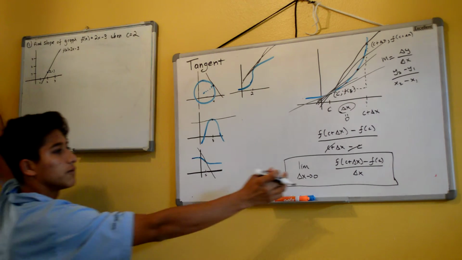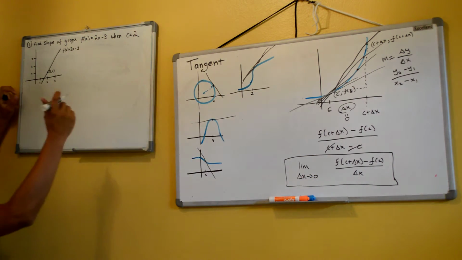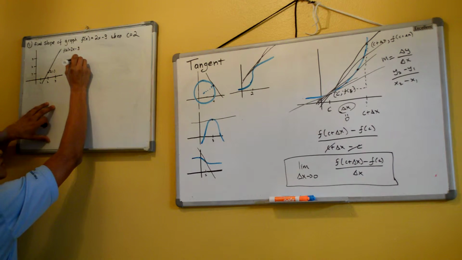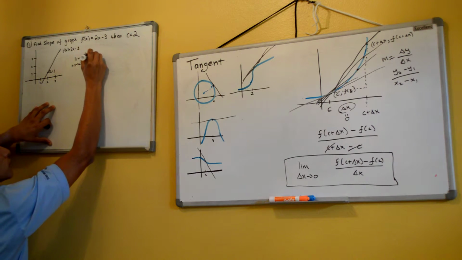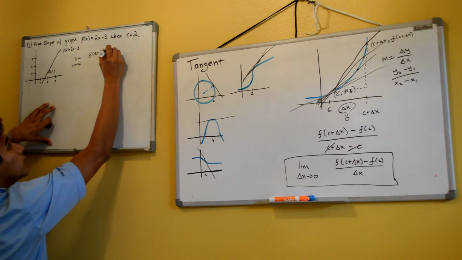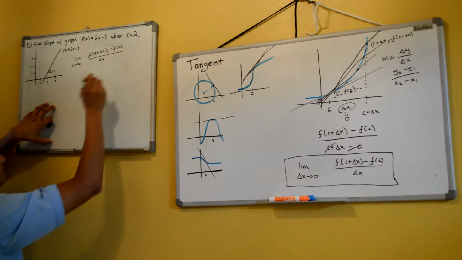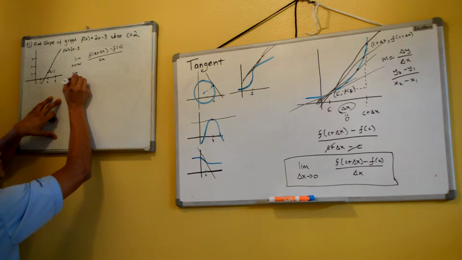So here we have our equation and we're just gonna substitute it in, right? So remember, always write your equation, so f of c plus delta x minus f of c over delta x. Okay, so now the limit as delta x approaches 0.